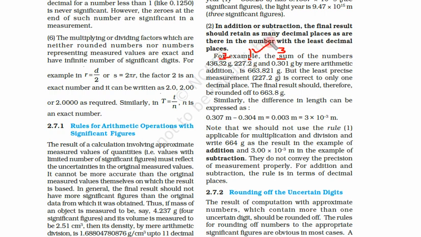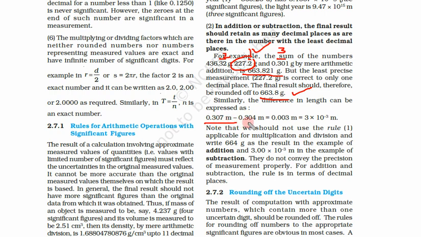This one is least precise, and we approximate 663.821 to the number which has the least digits after decimal. So 663.8 gram.